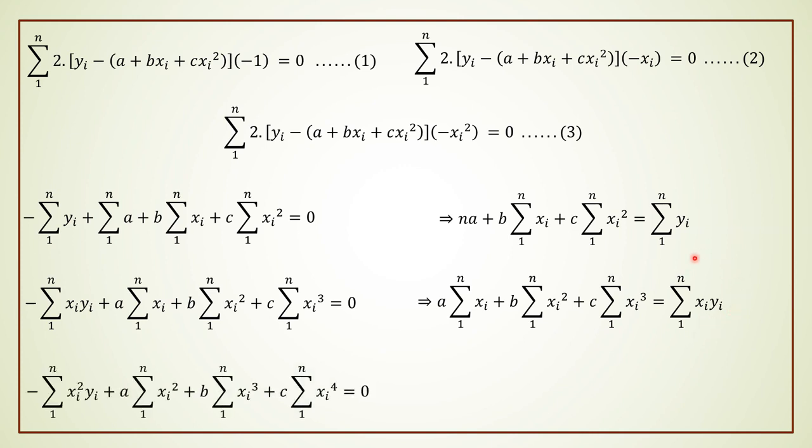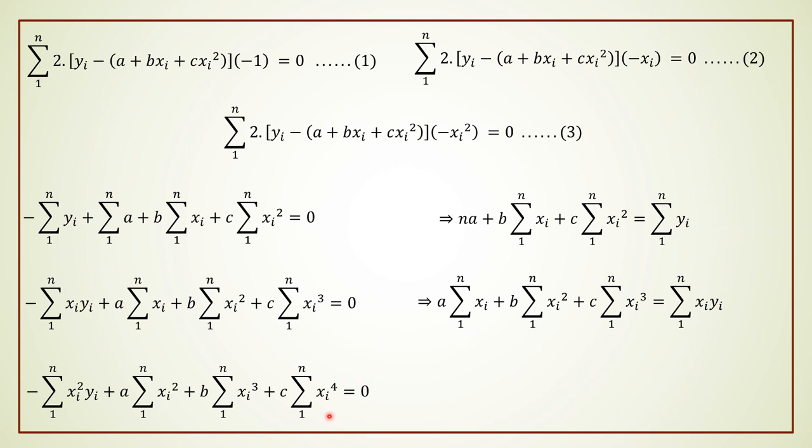And from the third equation, multiply by −xi² to the terms inside the bracket and simplify it, so that you have the equation to be −summation xi² into yi, i varying from 1 to n, plus a into summation xi² plus b into summation xi³ plus c into summation xi⁴.